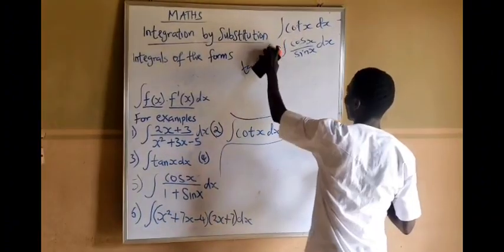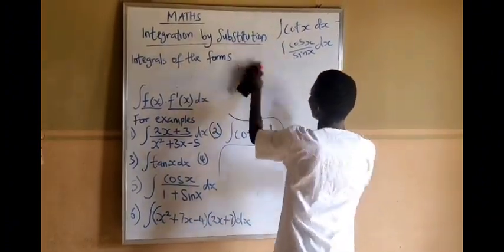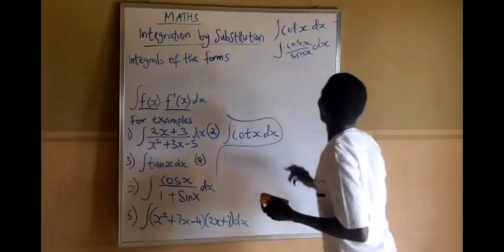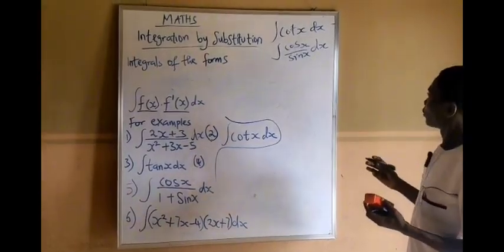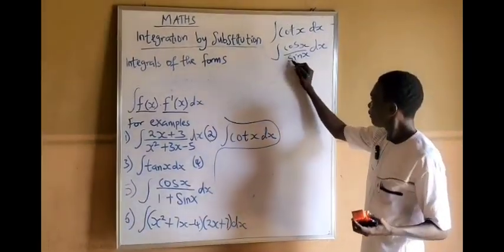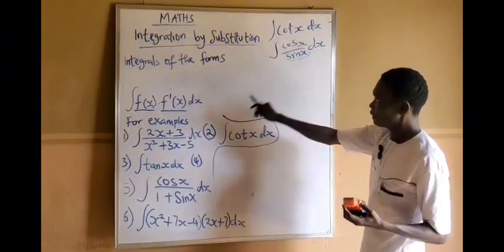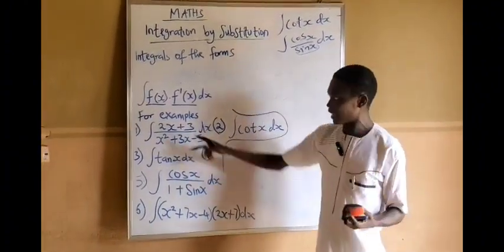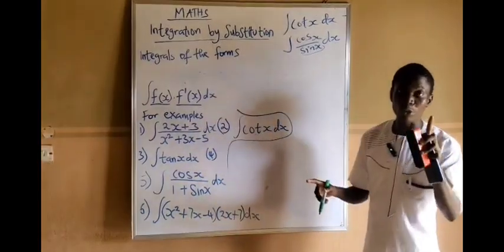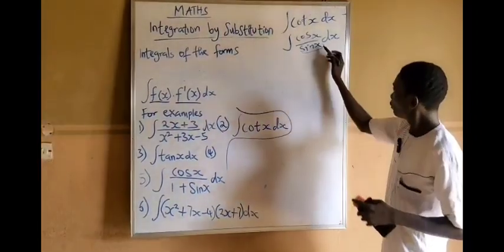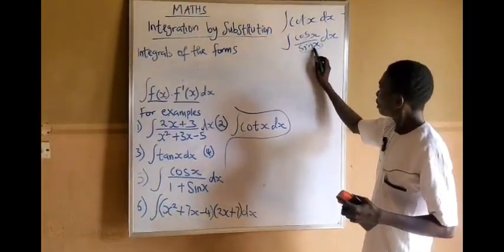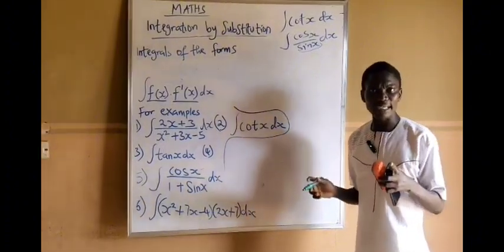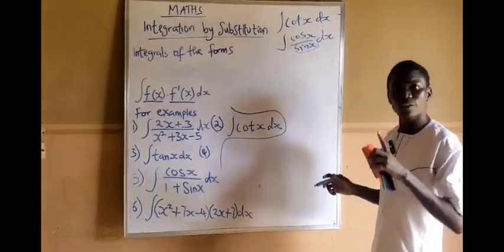Now how will you know whether you can use the substitution method? As I said in question number 1, whenever you differentiate the denominator, if it gives you exactly what is on the numerator, you can use the substitution method. If you differentiate sin, it will give you cos.